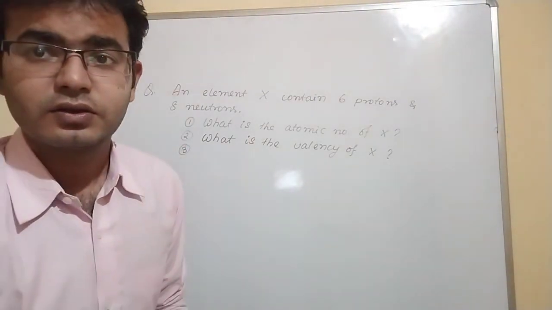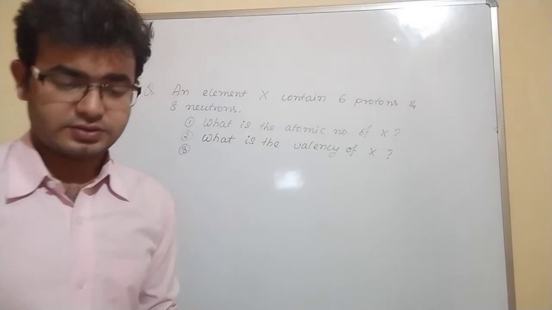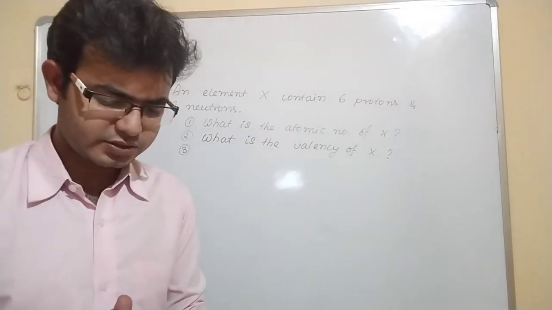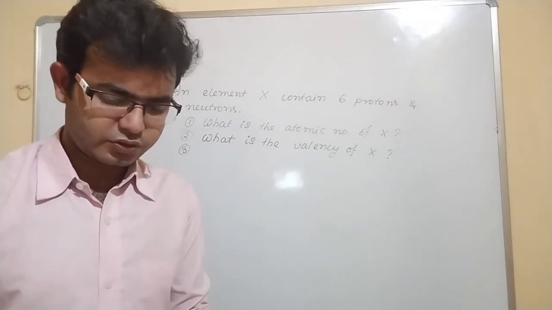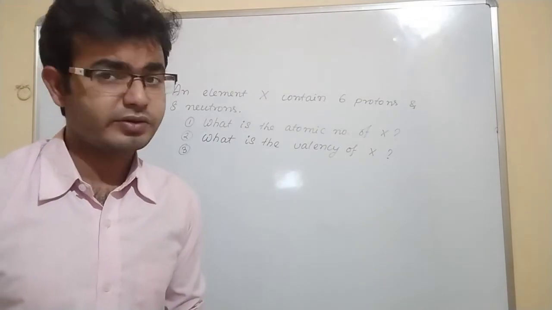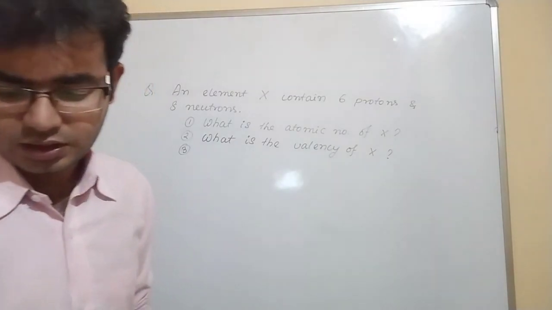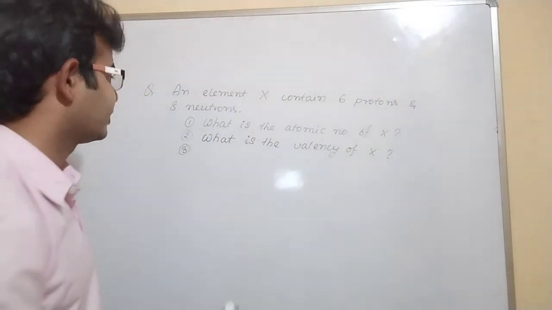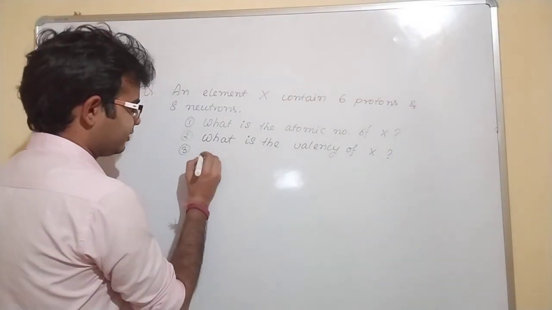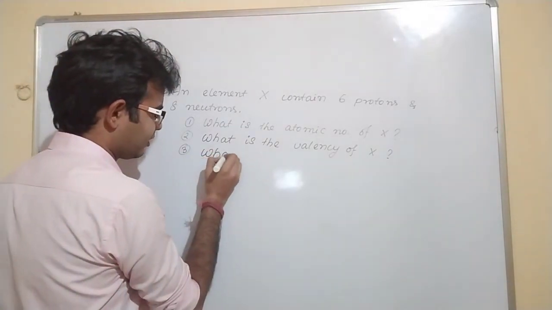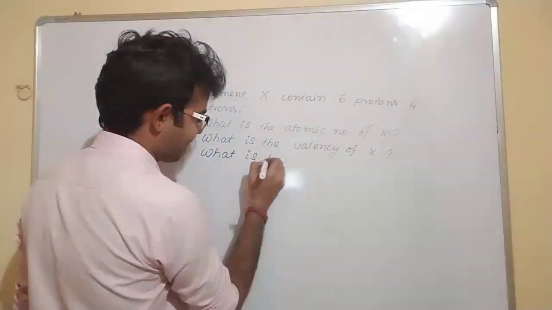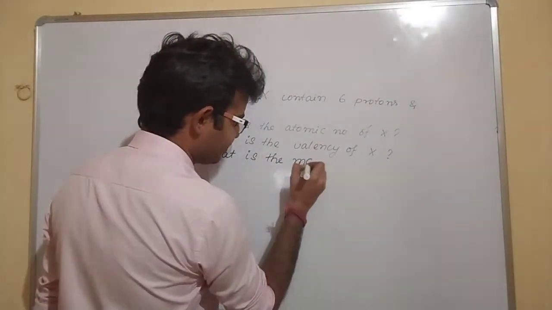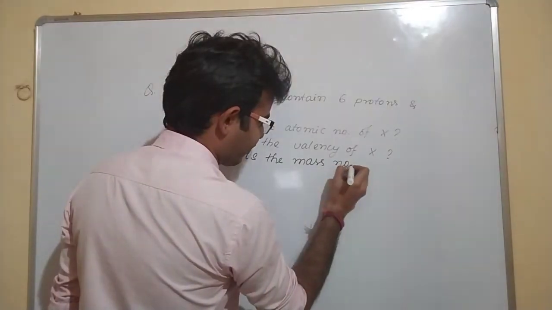And what is the valency of X means? I think this can be solved by yourself. You can write the electronic configuration, and from there you will get the valency. And what is the mass number of X?